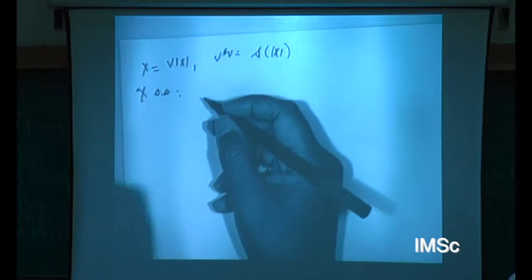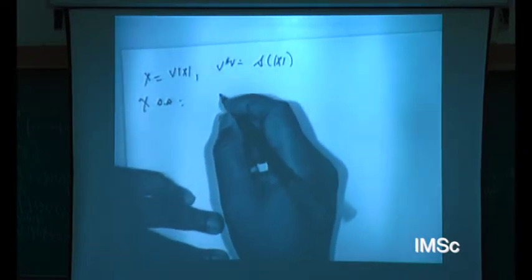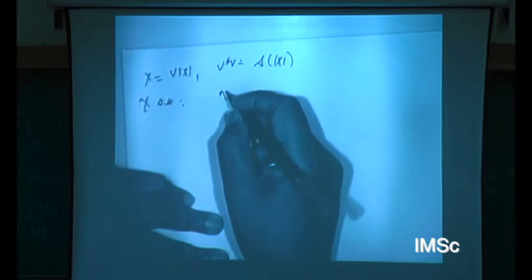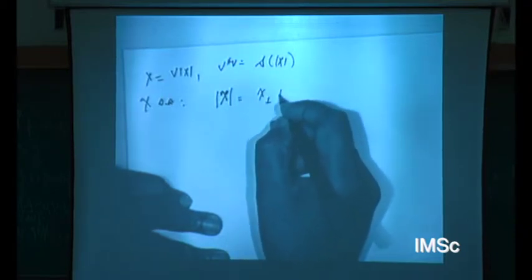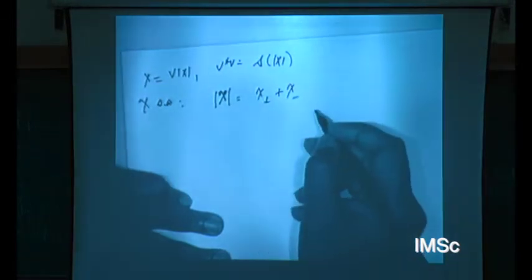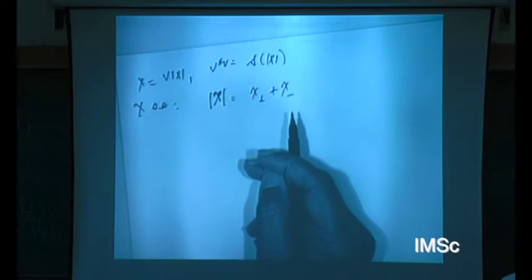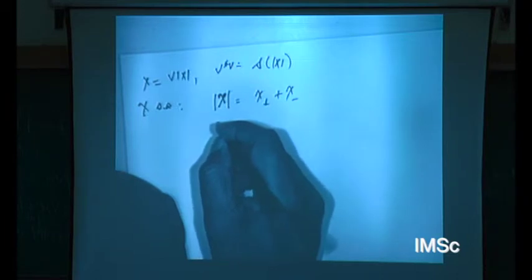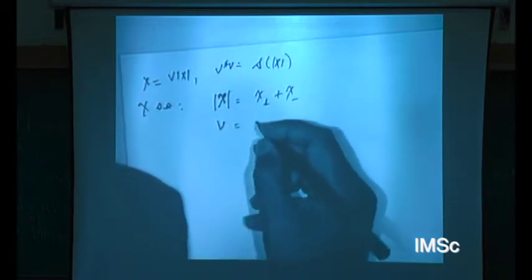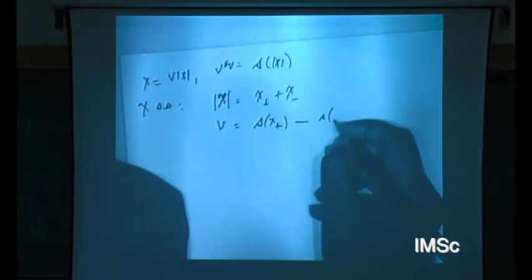Then, because you're only talking about functions really on the line, you can see that mod x is exactly x plus x minus, and v is going to be actually equal to the support of x plus minus the support of x minus.